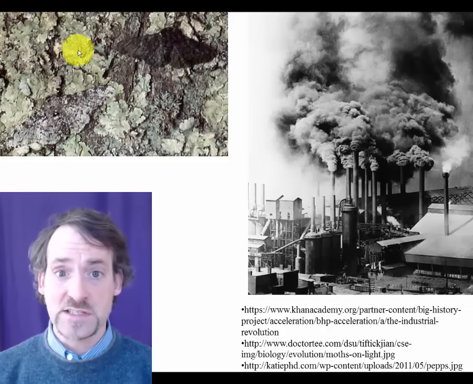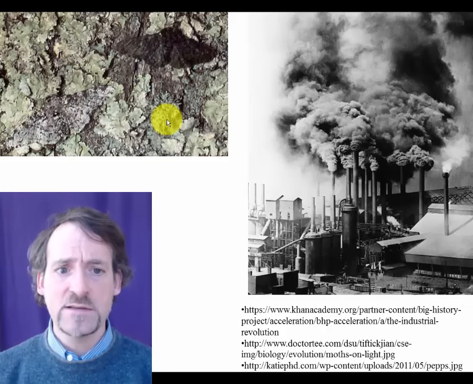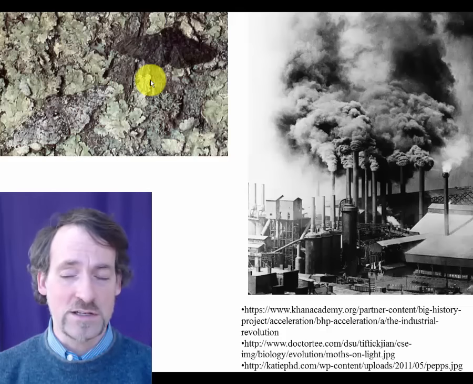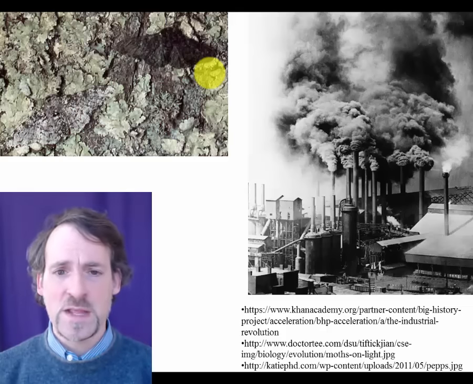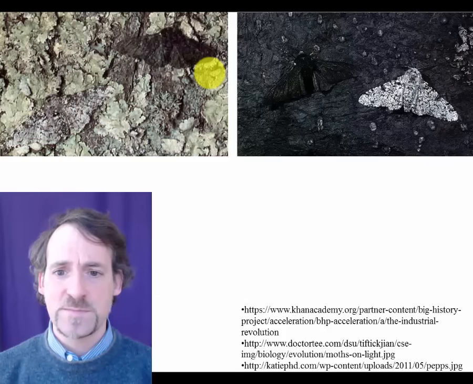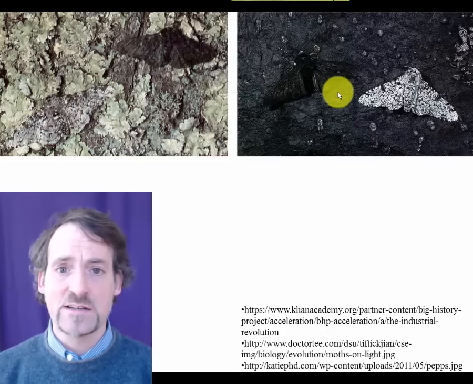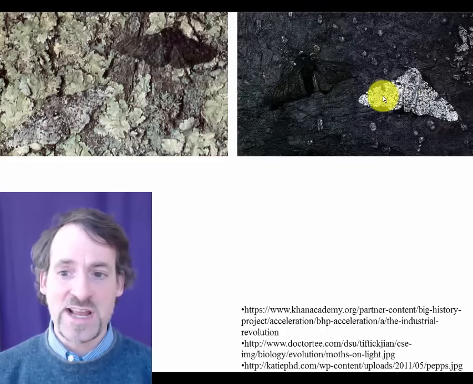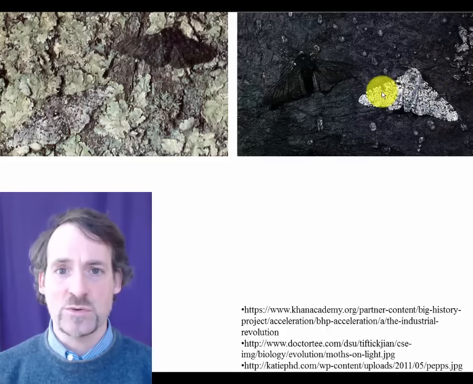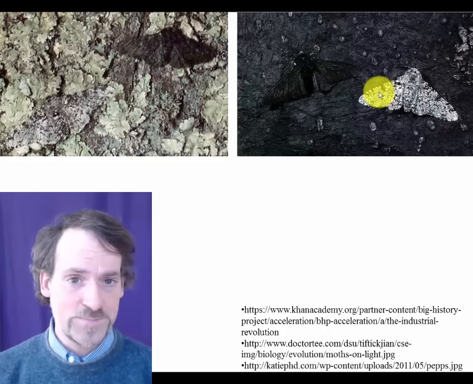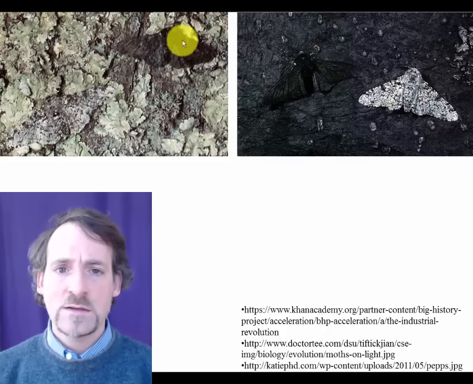Lichens are very sensitive to air pollution, so most of them died, and the bark and practically every other surface in the forest got carpeted with a blanket of soot, so that after the Industrial Revolution, tree trunks started looking like this. Now the melanic form of the moth is very well camouflaged, and the peppered moth stands out as though it had flashing orange and red lights that said, "Come eat me." So this is the scenario.